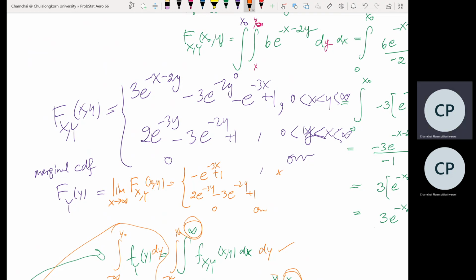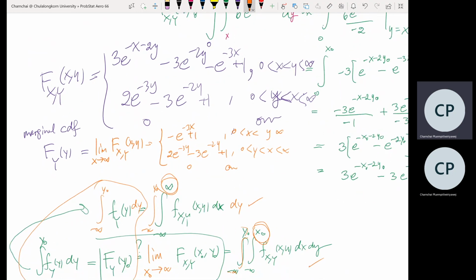Okay, this is for x less than y, more than 0 to infinity, y less than x from 0 to infinity. And that's how we get the CDF of y.